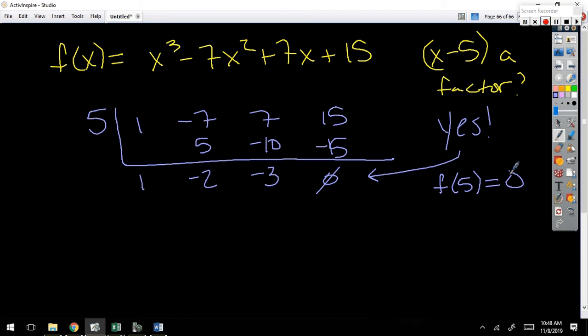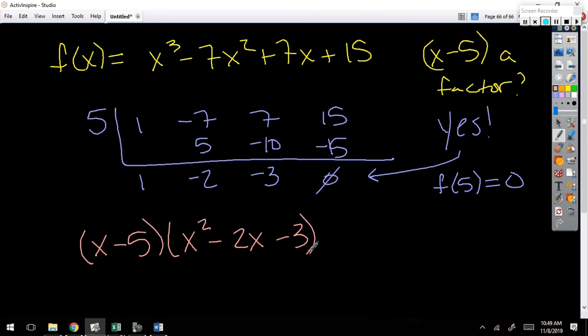Write it in factored form now. Start with this. No, it doesn't matter the order. Factor completely. Is it factored completely?